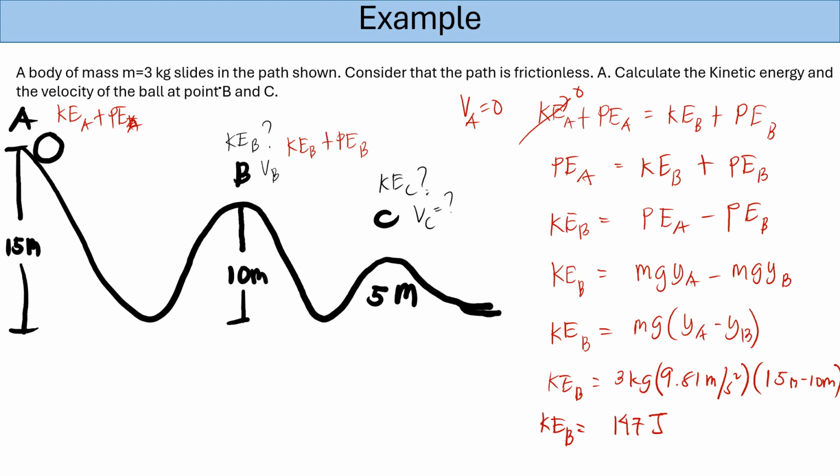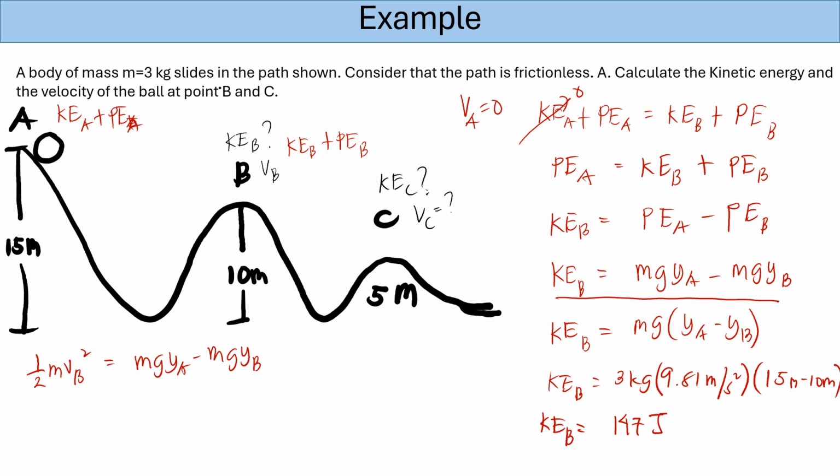For the velocity at point B, we can just expand this expression here. You'll have 1 half mvB squared is equal to mg YA minus mg YB. So the m here is common, so we can just cancel that out.